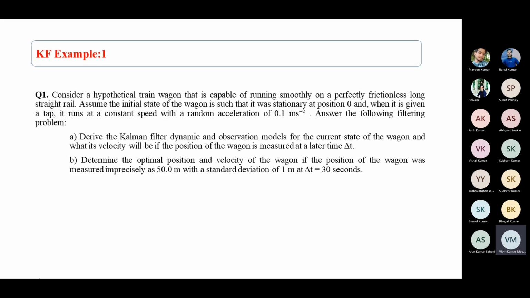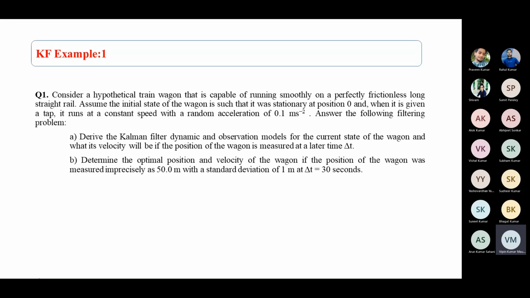Derive the Kalman filter dynamic and observation models for the current state of the wagon and what its velocity will be if the position of the wagon is measured at a later time delta t. It's just asking for the expression. It wants to calculate the position and velocity. Determine the optimal position and velocity of the wagon.